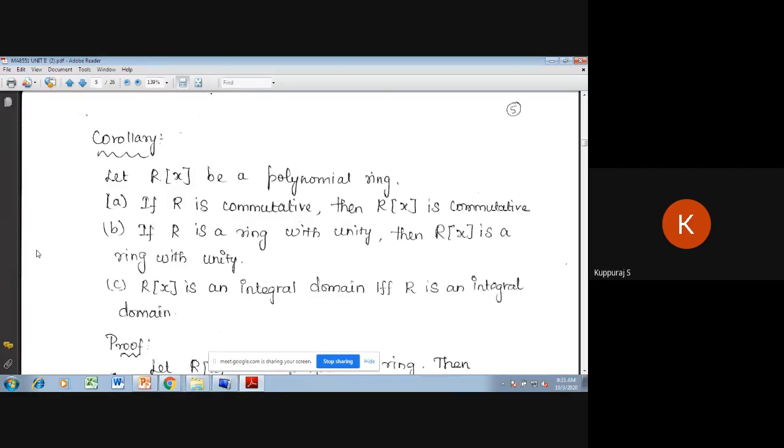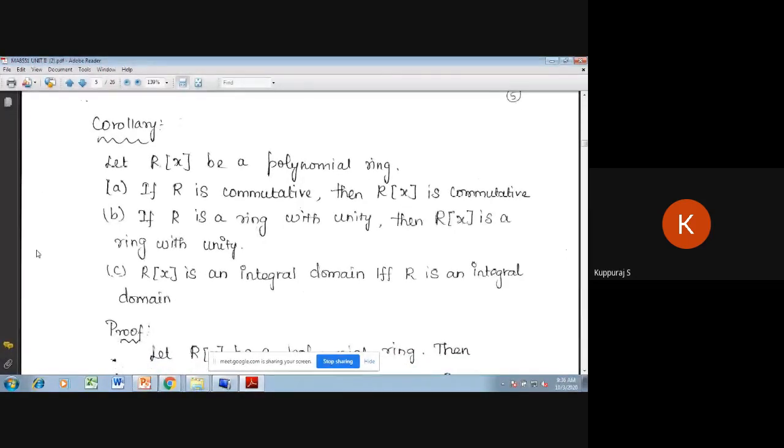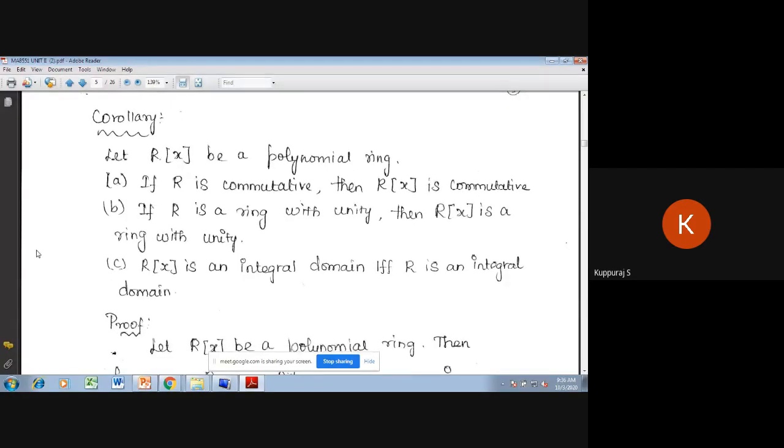If the set of all real is commutative, then the polynomial ring R of x is also commutative. Another corollary: if R is a ring with unity, then R of x is a ring with unity. The last corollary: R of x is an integral domain if and only if capital R is an integral domain.